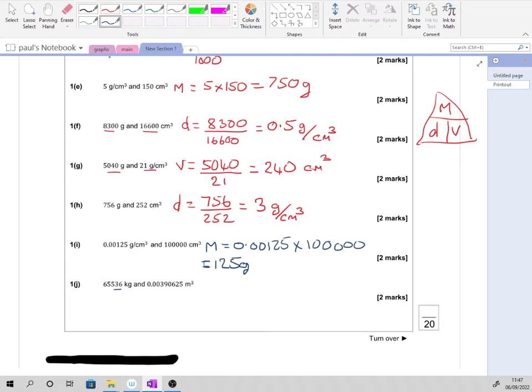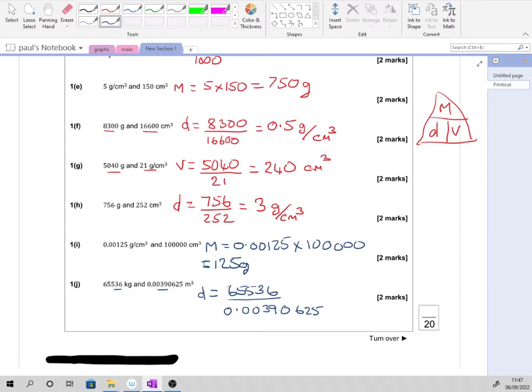So we've got the mass, we've got the volume, so the density equals the mass, which is 65536, divided by 0.0390625. It's going to be tons, is it? Really dense.